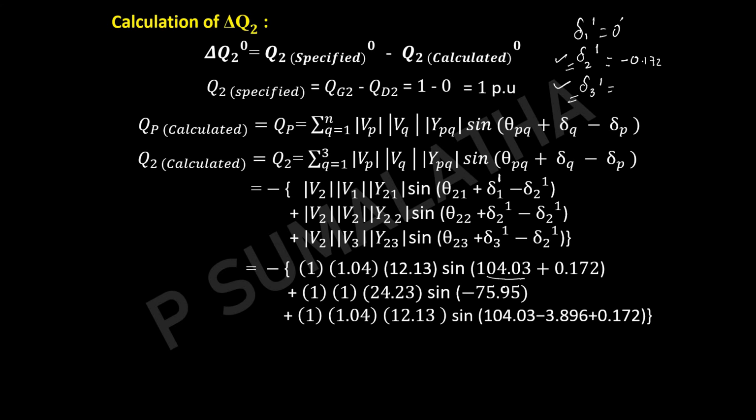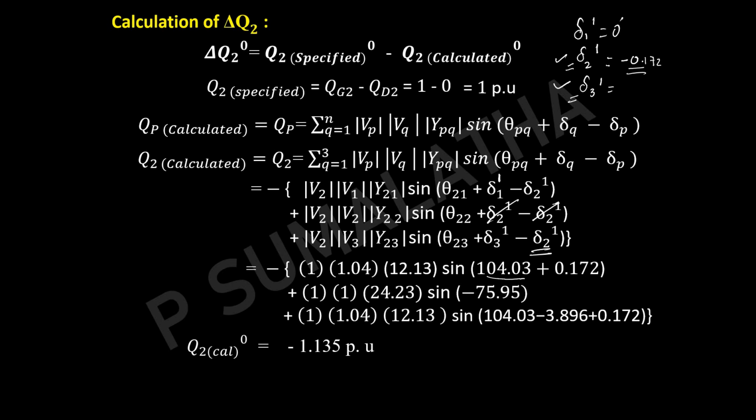So this becomes minus of minus 0.172 gives us plus 0.172. Like that, this and this will get cancelled. So here if you substitute, this value becomes minus 3.896 plus this value becomes again minus of minus this value will become 0.172. So finally if you simplify, we will get Q2 value as minus 1.135 per unit.